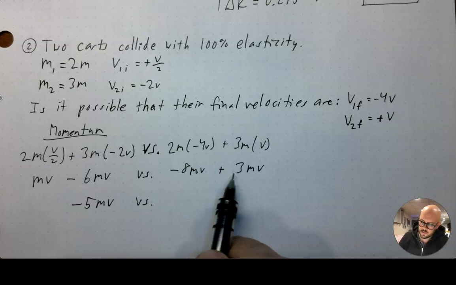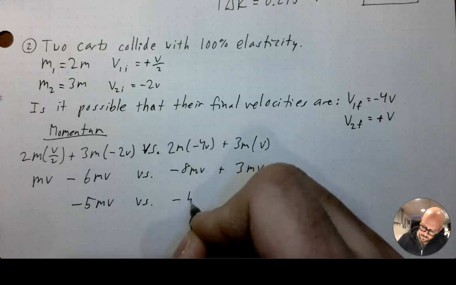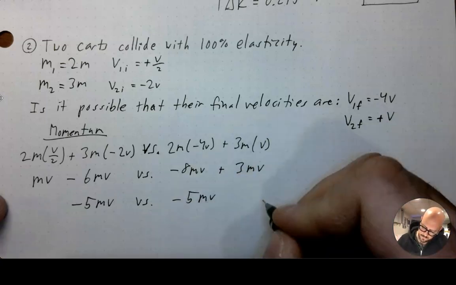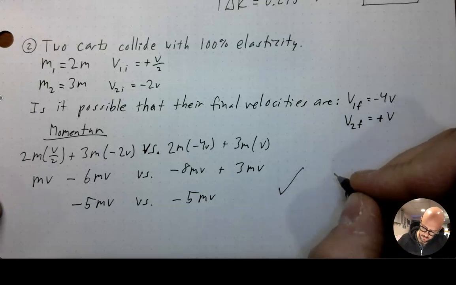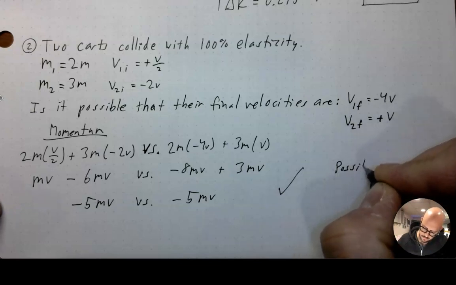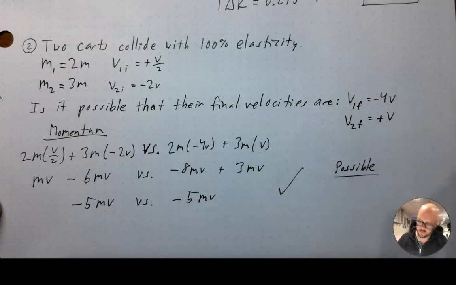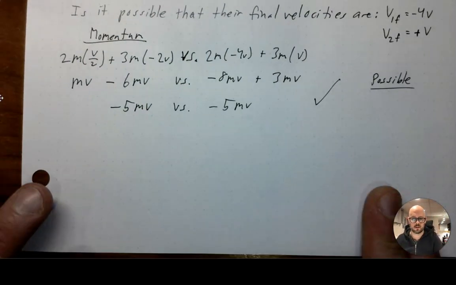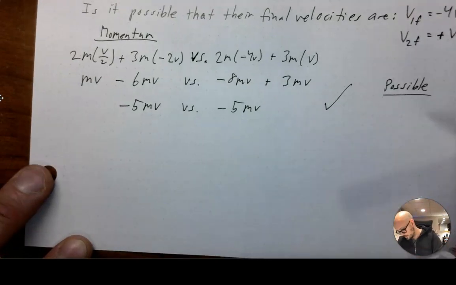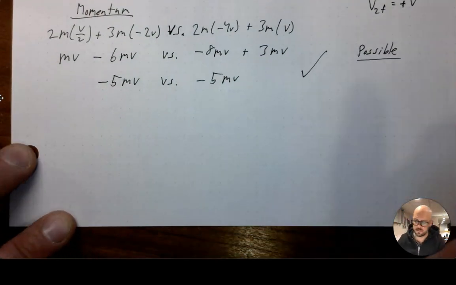And then negative 8mv plus 3mv is negative 5mv. So possible according to momentum. But we haven't done energy yet, and so that's like the final thing. Energy and momentum must be constant in order for this to be possible.